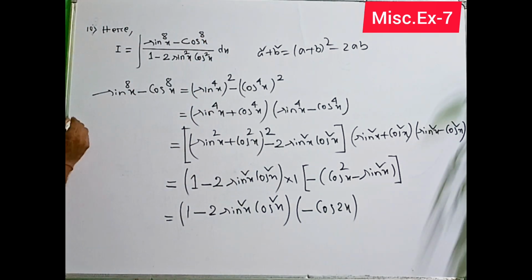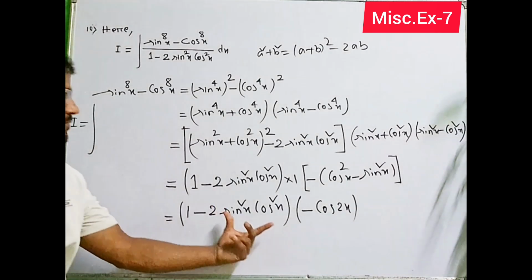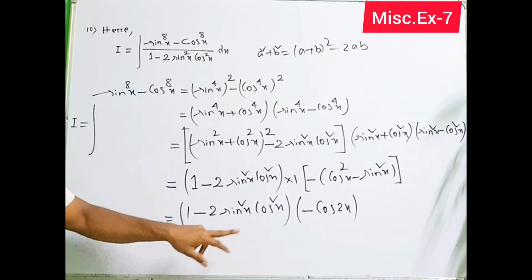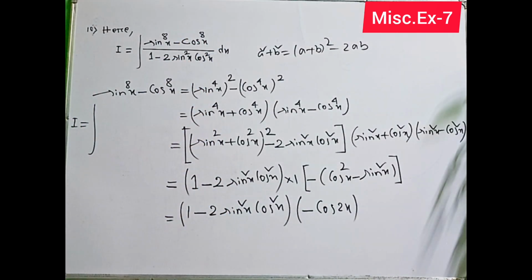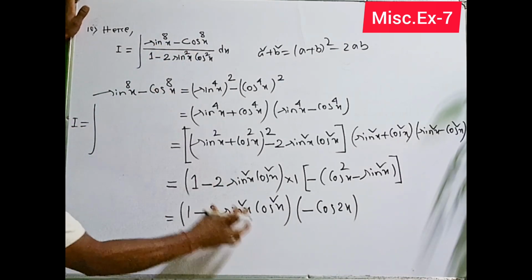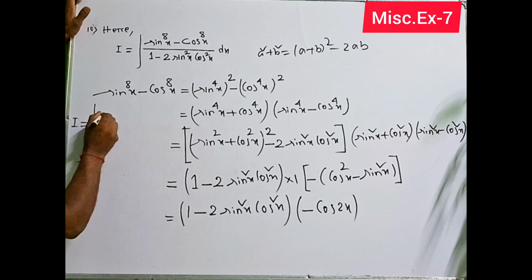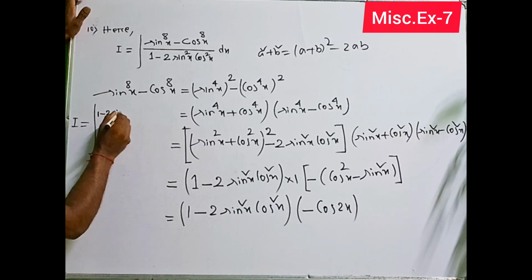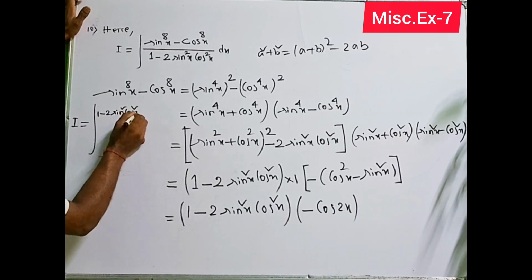Then what happens? Here I equals integration. If you write it in the numerator, you see this term and this term will be cancelled out. Let me write. This value is how much? This much. So I will write 1 minus 2 sin square x cos square x.